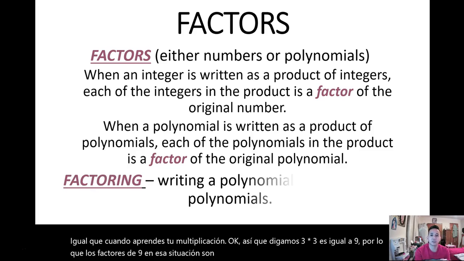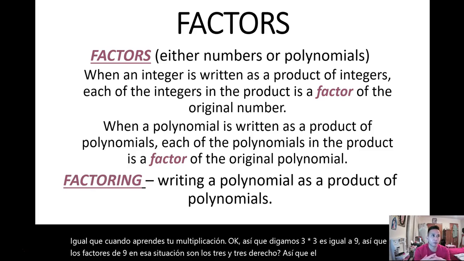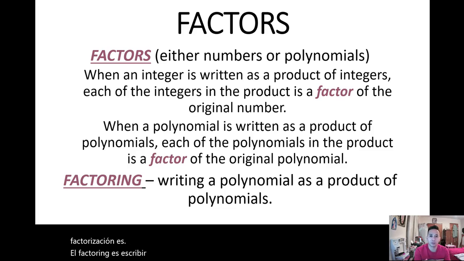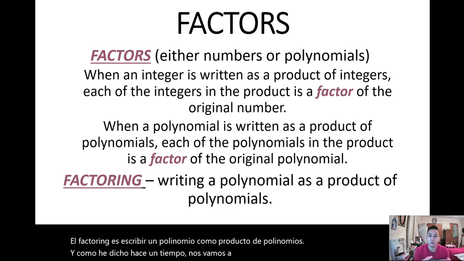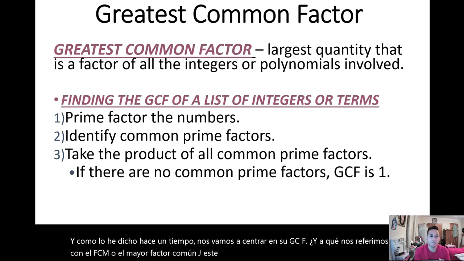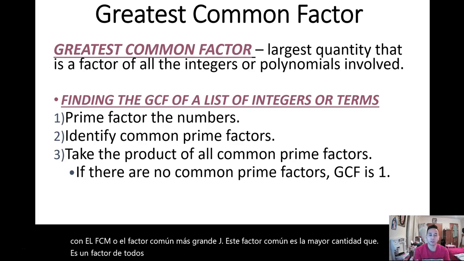So the process of factoring is writing a polynomial as a product of polynomials. And as I said a while ago, we are going to focus on your GCF. And what do we mean by GCF or greatest common factor? The greatest common factor is the largest quantity that is a factor of all integers or polynomials involved.